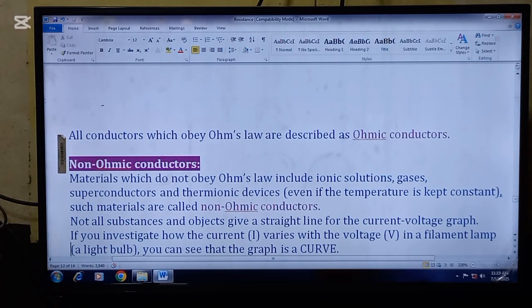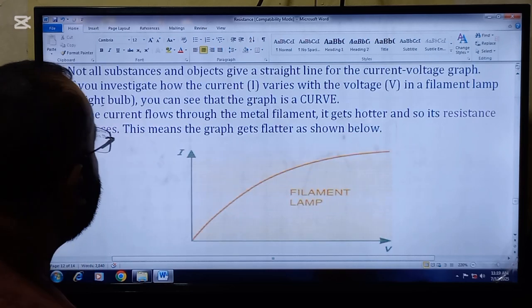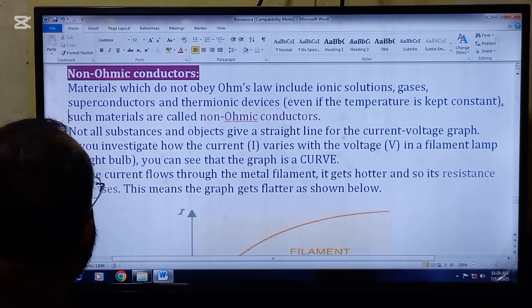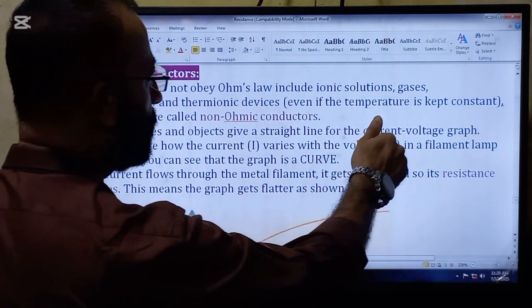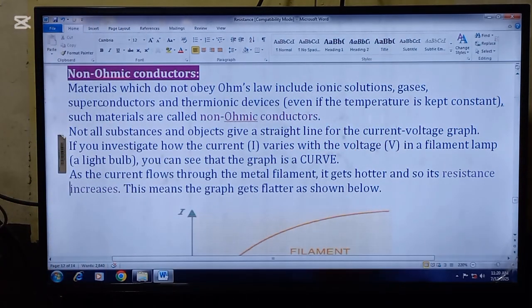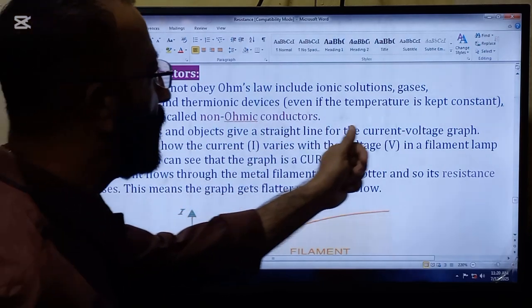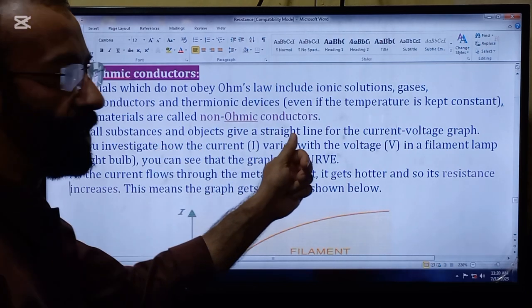So now we are going to read another important topic in the lecture, that is non-ohmic conductors. Materials which do not obey Ohm's law include ionic solutions, gases and superconductors, and thermionic devices. Even if the temperature is kept constant, such materials are called non-ohmic conductors.